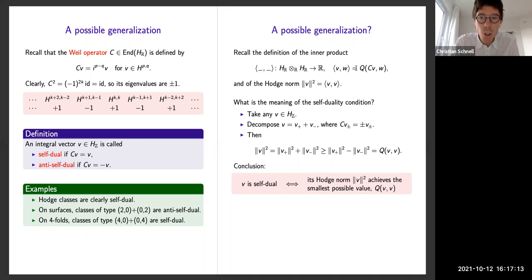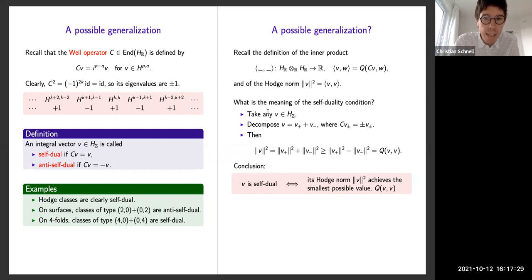Remember that the Hodge norm is defined in terms of this pairing by changing the signs, by putting in the Weil operator. From this point of view, the self-dual classes achieve some kind of minimization of this Hodge norm in the following sense.